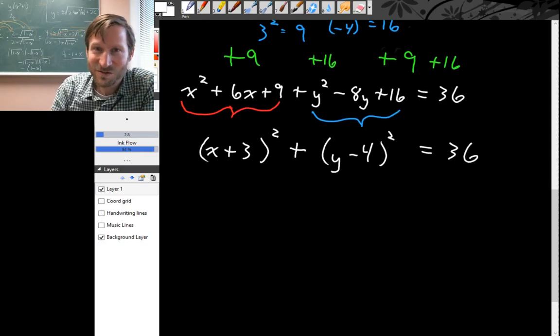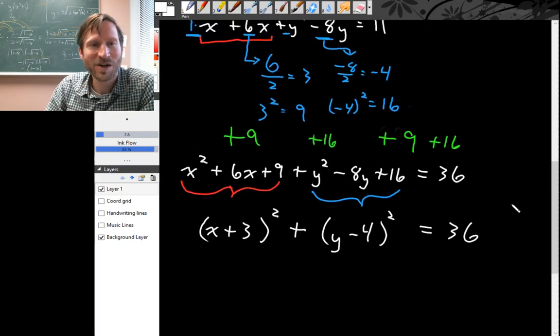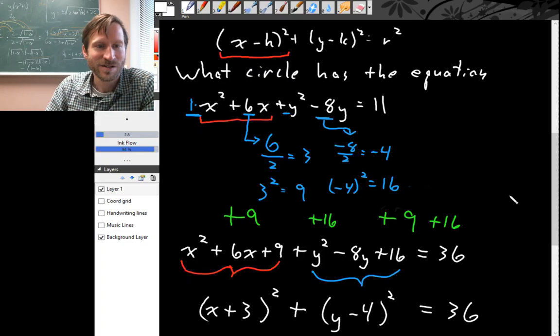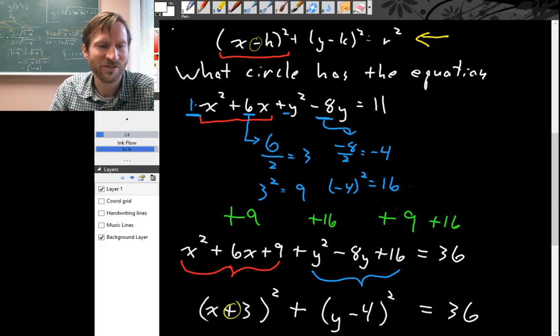Now this process of completing the square has turned our equation into exactly the kind of equation where we know what the circle is. So if you compare the equation we have to the equation way up here that we were hoping to get, it looks almost the same. Really, the only difference is we needed a minus, but in our x's we have a plus.